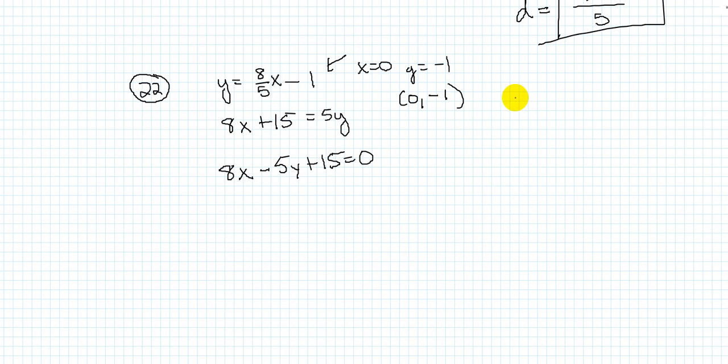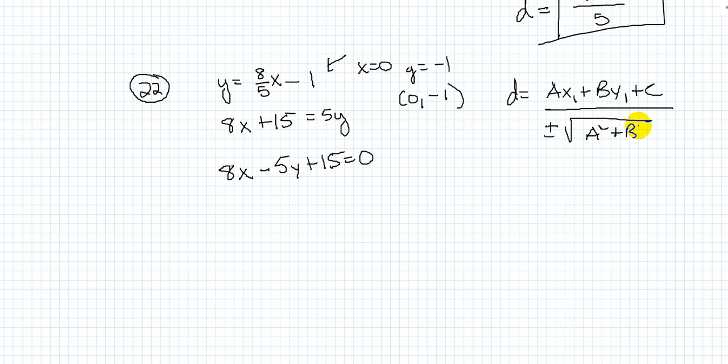And our equation, d equals ax1 plus by1 plus c, all over plus or minus the square root of a squared plus b squared. Okay, so let's go ahead and find our distance.